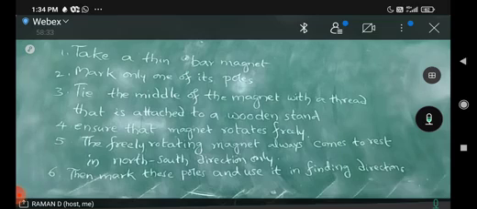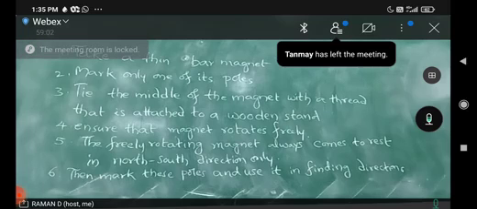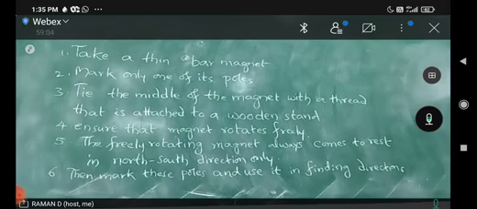But earlier travelers used natural magnets to find the directions, whereas later the magnetic compass was developed. In this compass, a small box with a glass cover is present, inside which a magnetized needle is pivoted.